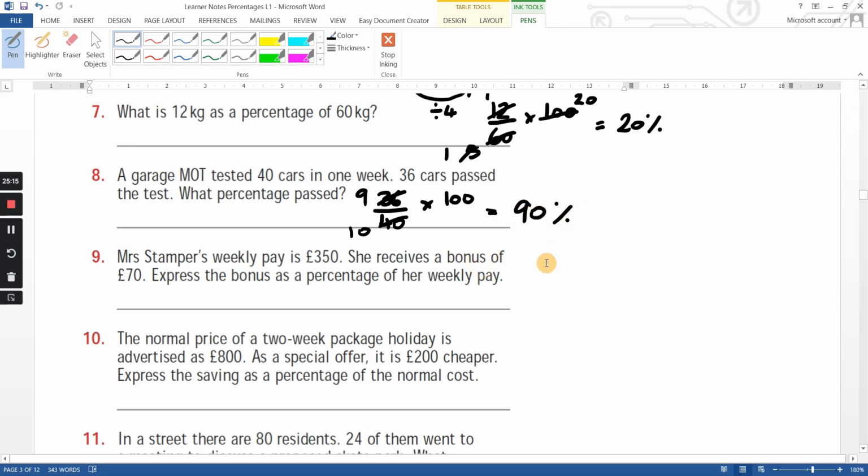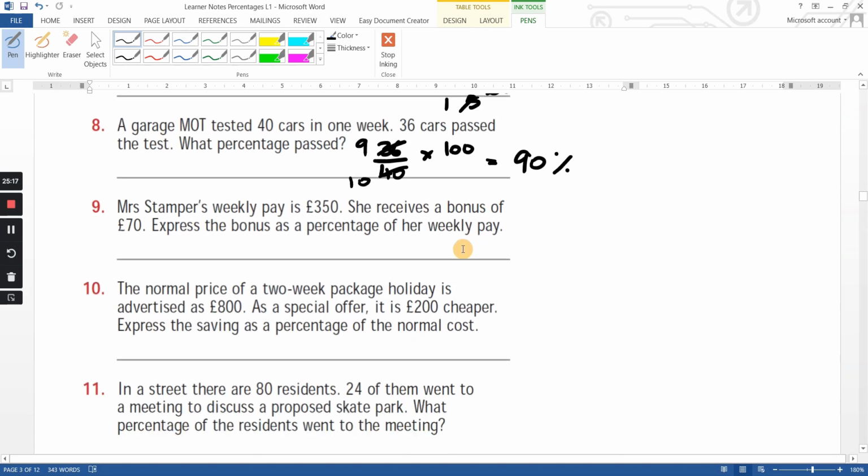Yep. Mrs. Stamper's weekly pay is £350. She receives a bonus of £70. Express the bonus as a percentage of her weekly pay. So 70 out of 350. If you ever notice anything like this, they've used these numbers on purpose, especially on the non-calculator paper, because they want you to simplify this, because they know that 7 goes into both of these.